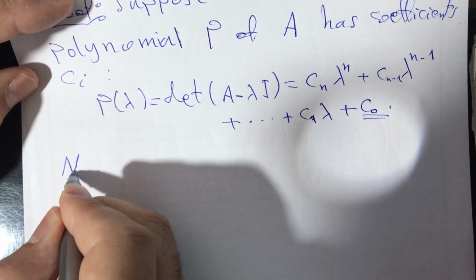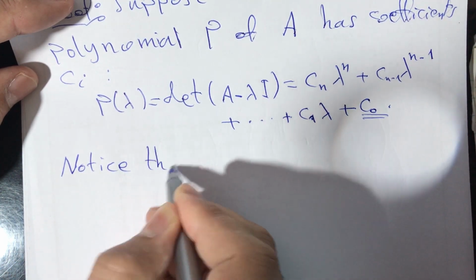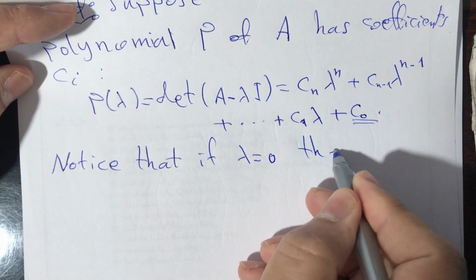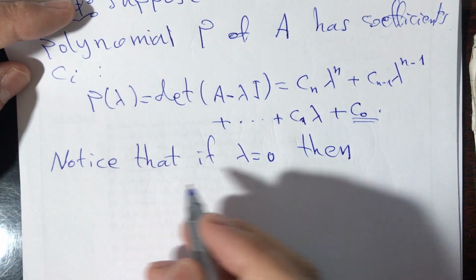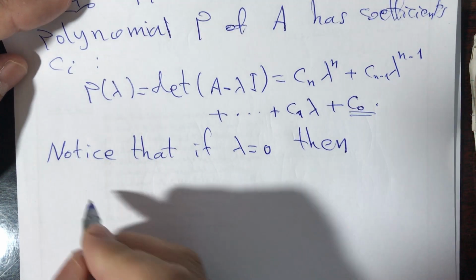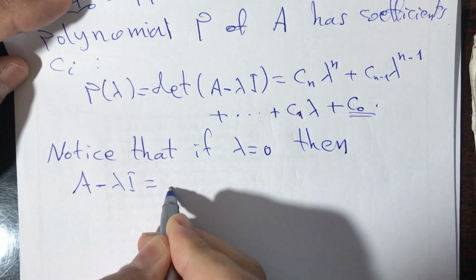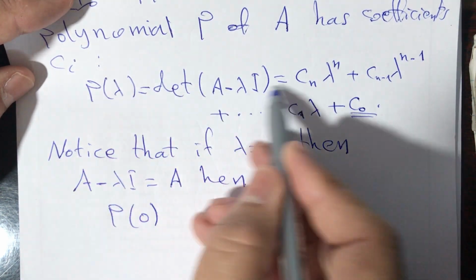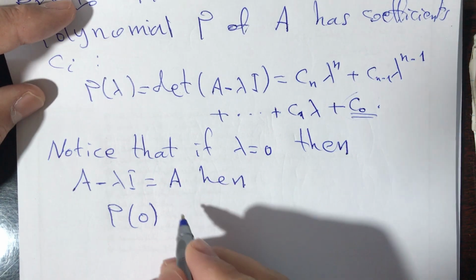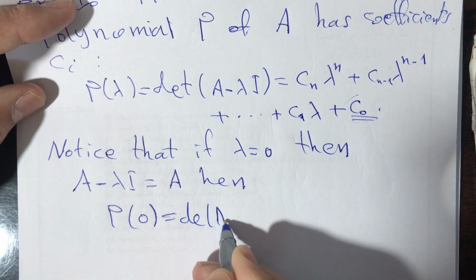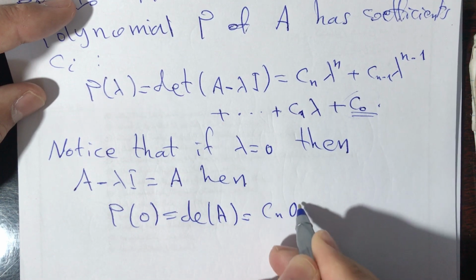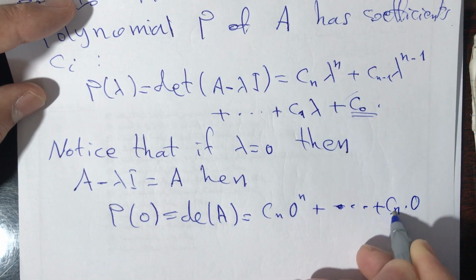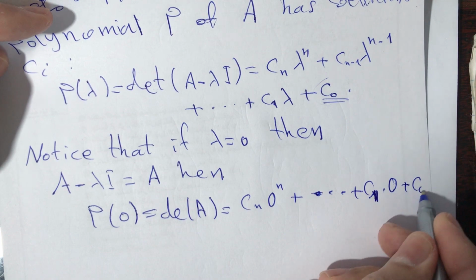Notice that if lambda is equal to 0, then A minus lambda I is equal to A. Hence P of 0, if we substitute 0 here, all of the lambda terms will be 0, is equal to the determinant of A, and this is equal to Cn times 0 to the n plus C1 times 0, plus C0.